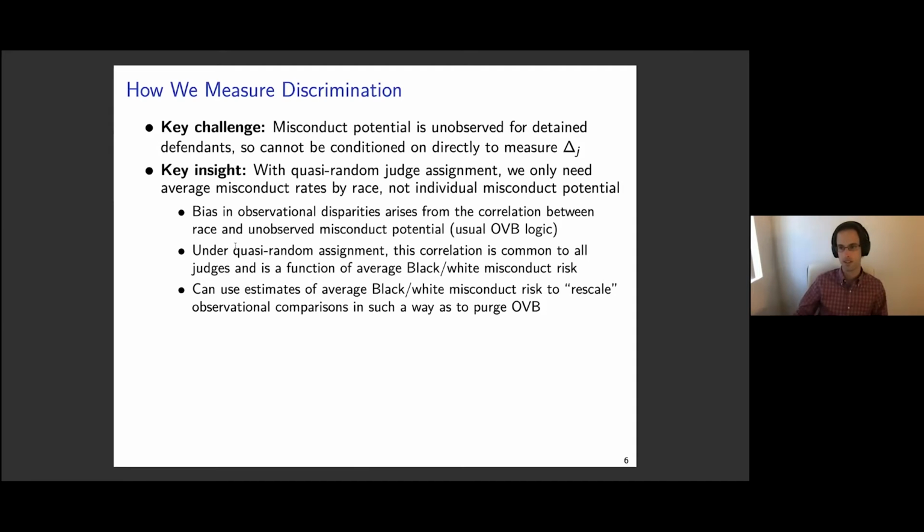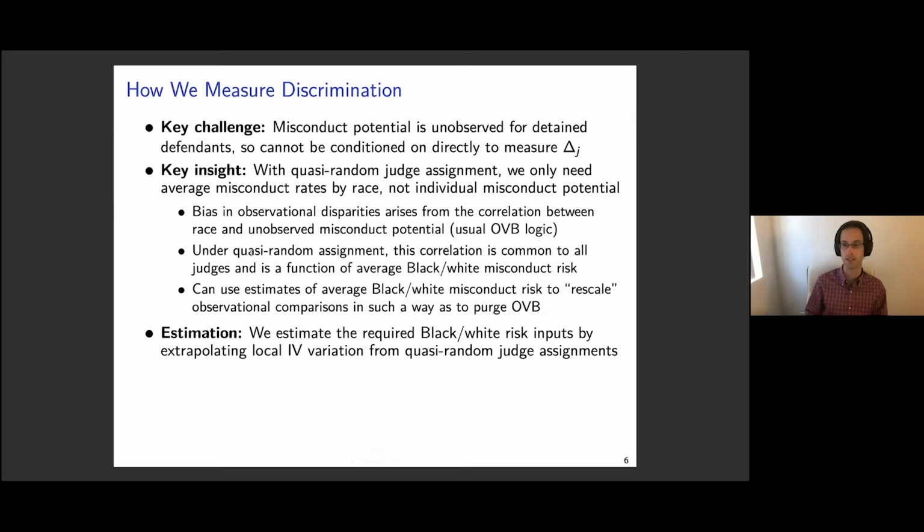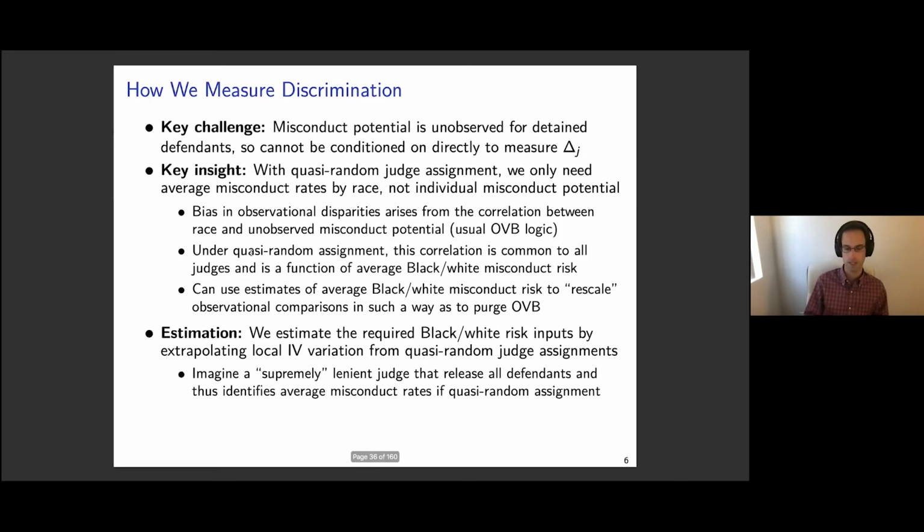So what we're going to do is first show this result, and then discuss how to actually estimate average black and white misconduct risk. The way we're going to do that is we're going to extrapolate local instrumental variation. But intuitively, imagine a case where you just had a very lenient judge that releases all defendants regardless of any characteristic of the defendant.